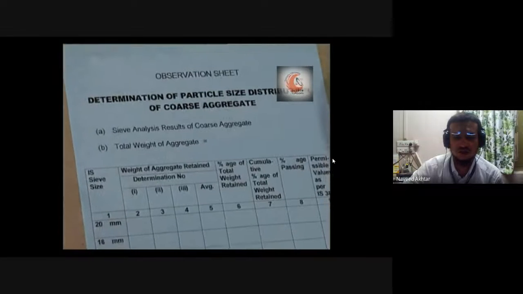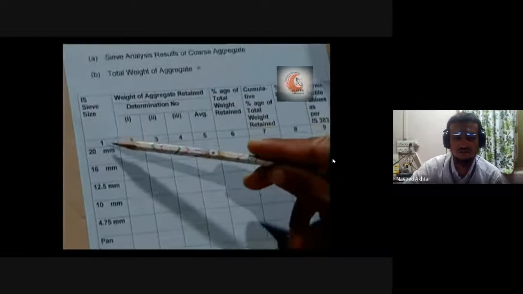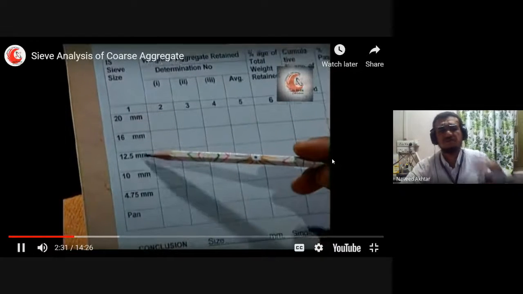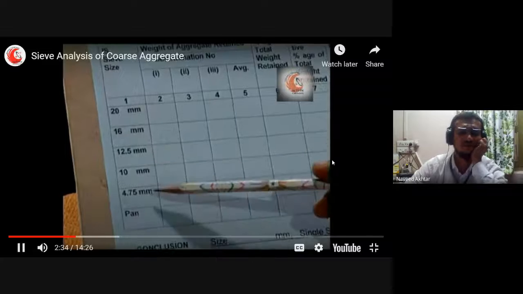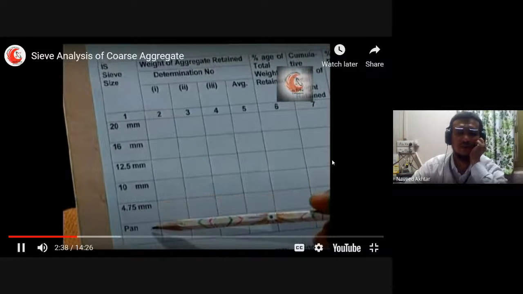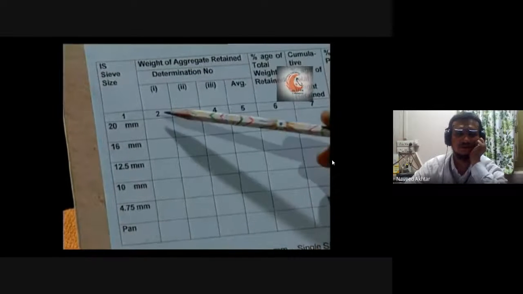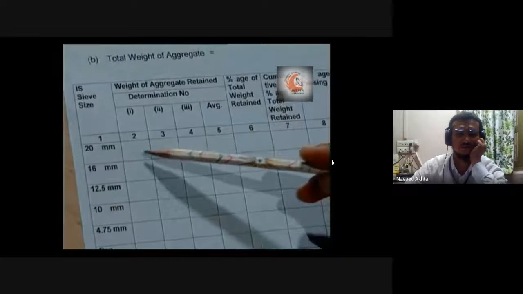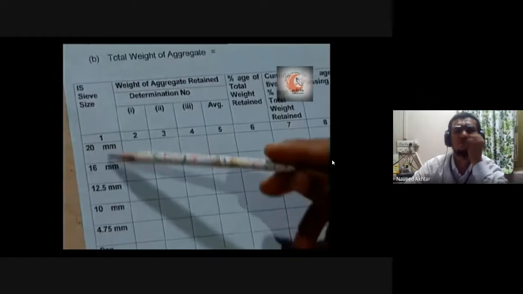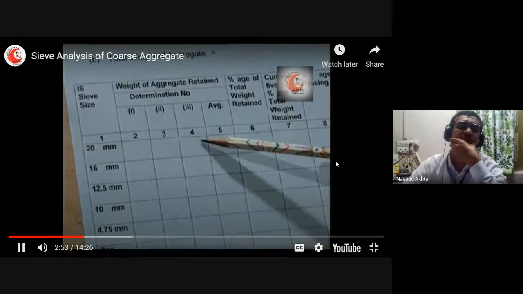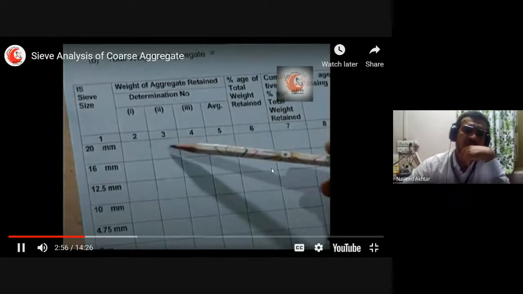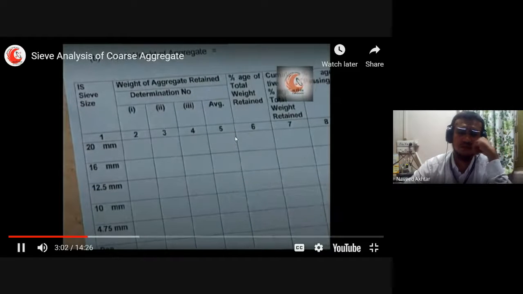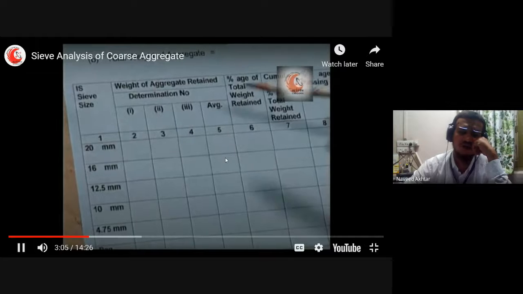This is the observation table. Column 2 is for 3 samples, and then the average of that will be recorded in column 5.